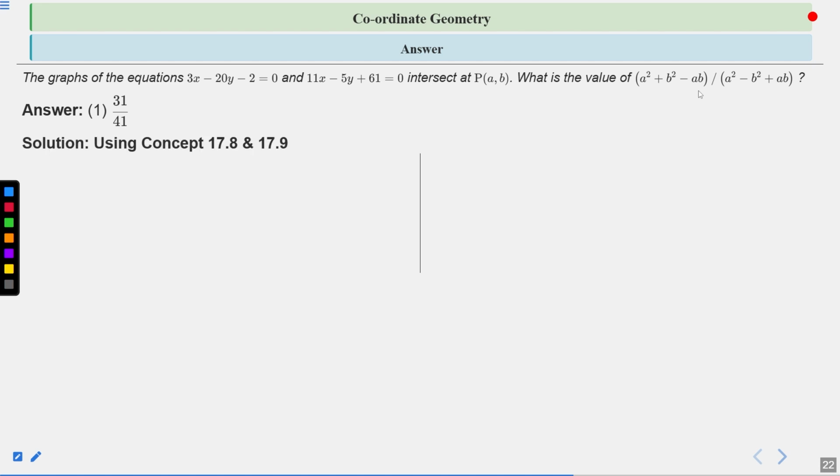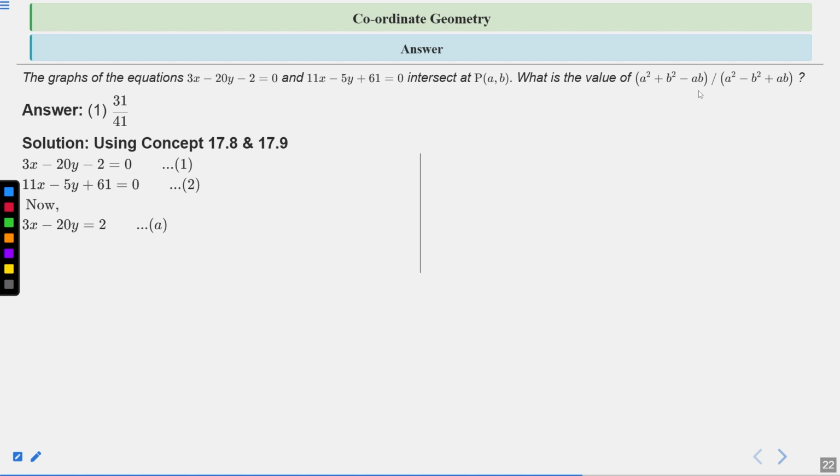Now see the detailed solution using concept 17.8 and 17.9 in this question. So 3x minus 20y minus 2 equals to 0. This is our first equation. And the same way 11x minus 5y plus 61 equals to 0. This is our second equation. Simplifying, we can write the first equation as 3x minus 20y equals to 2.